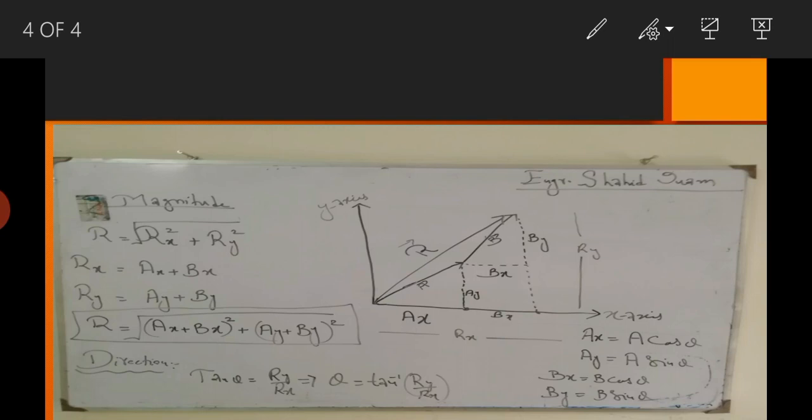This is from Pythagoras theorem, because if we talk about the whole big triangle, we have the three lines R, ry and rx. Here Rx is the combination of Ax and Bx, whereas Ry is the combination of Ay and By.